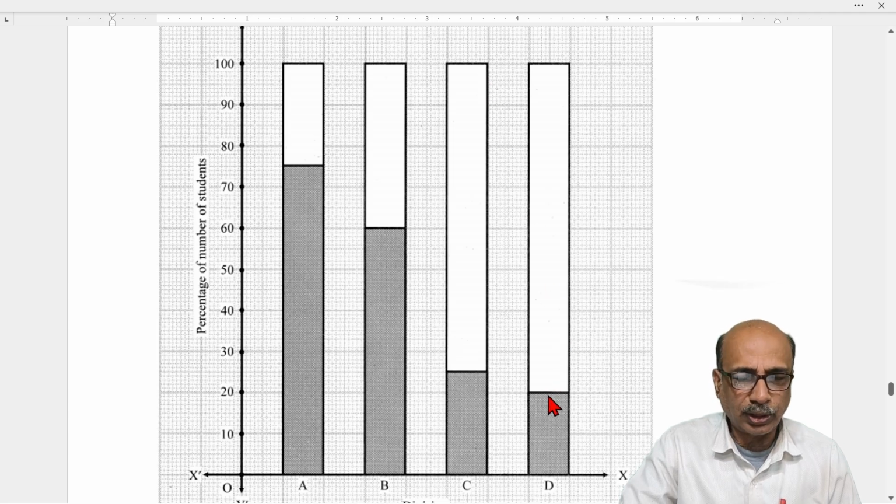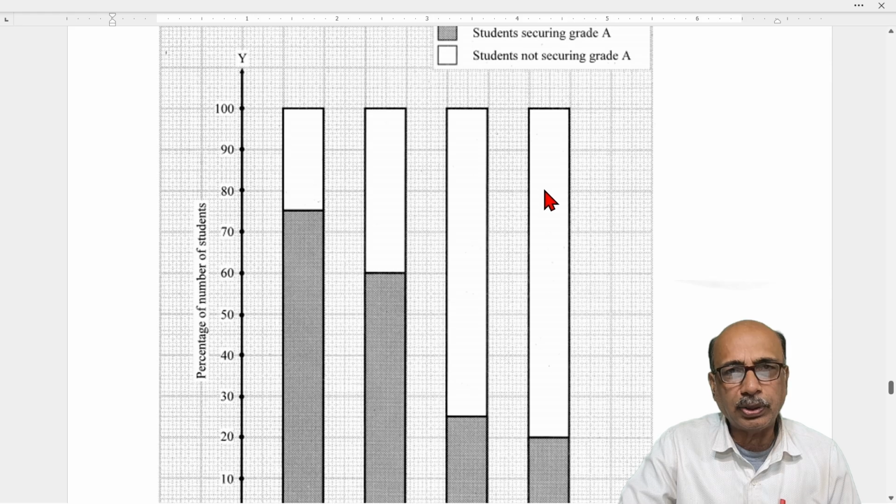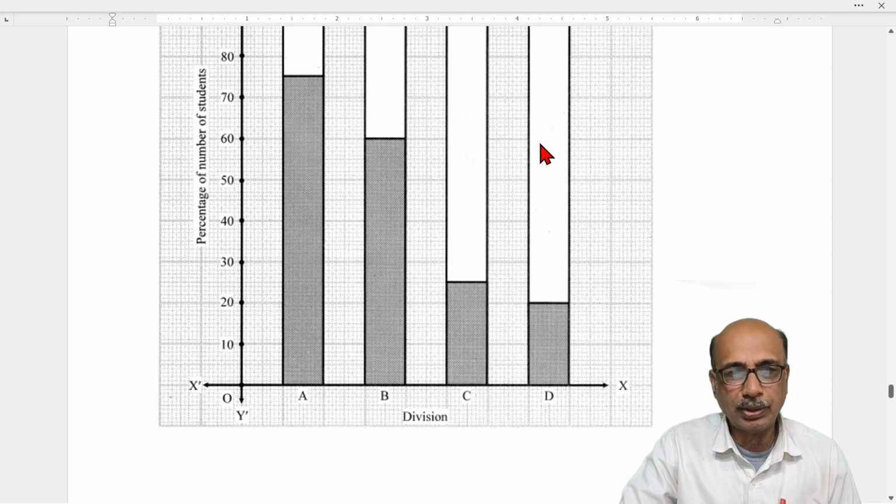And for section D, 20% scoring A grade and rest 80% not scoring A grade. Here in percentage graph, you will see that all the subdivided bars are of equal height up to 100%. It must come only. Very clear? Very simple problem it is.